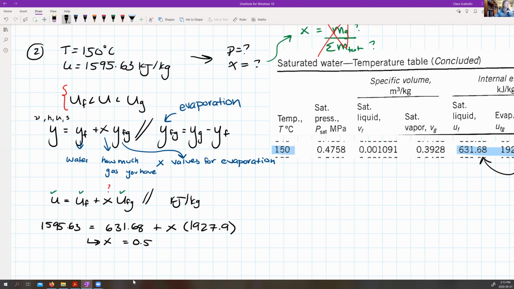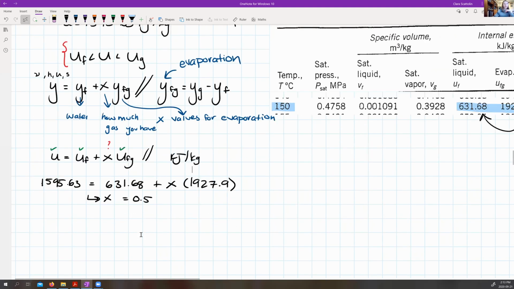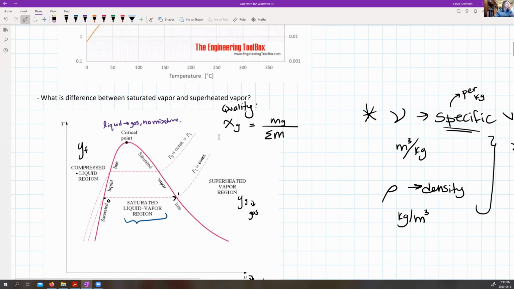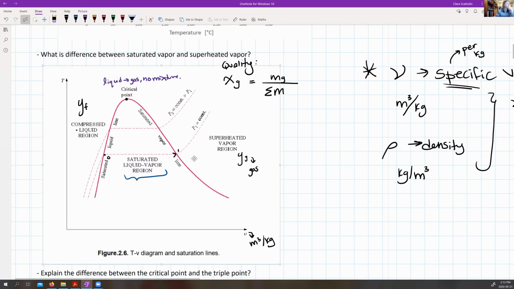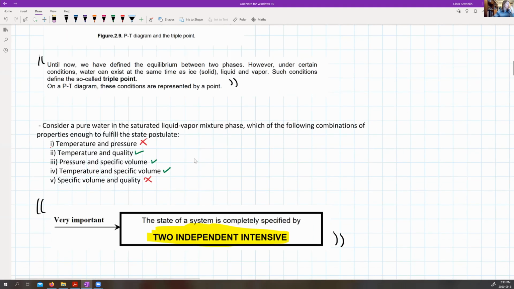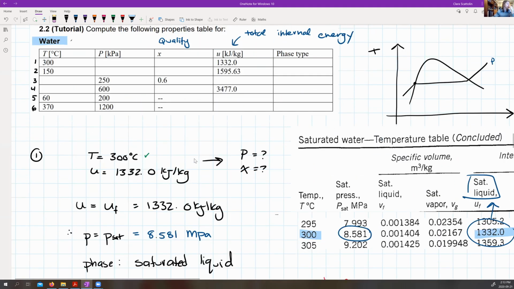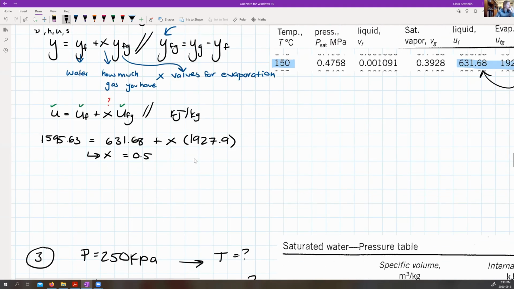And so what does that tell me? Because I have a quality, I'm just going to copy this graph and we'll look at it after. But we know that I'm in this area, the saturated liquid vapor region, which means that we're talking about a mixture. So I have my value of X, my phase, mixture.